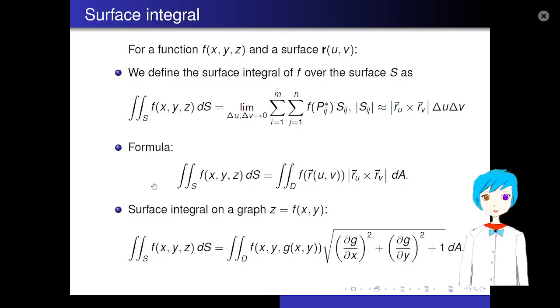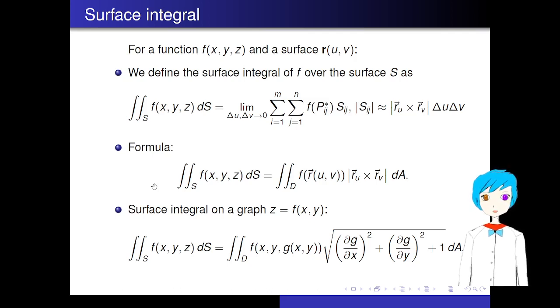For the parametric surface, we can also define the surface integral. The surface integral is defined as a limit of the value of the three-variable function f at a point Pij star. Pij star is on the infinitesimal unit Sij, and the value of the function is multiplied by the area of the infinitesimal surface Sij.